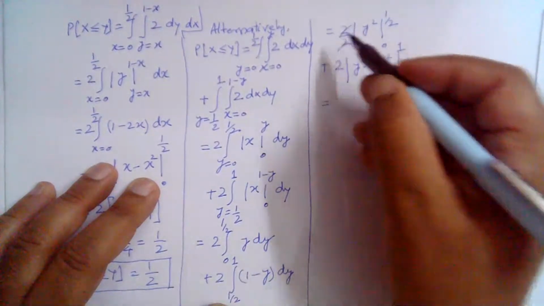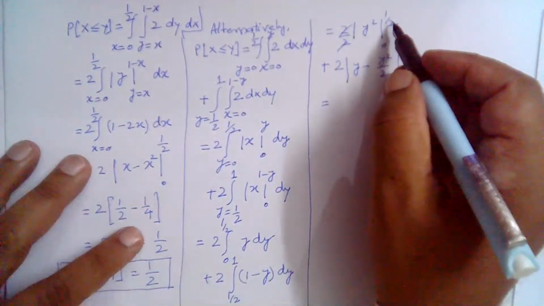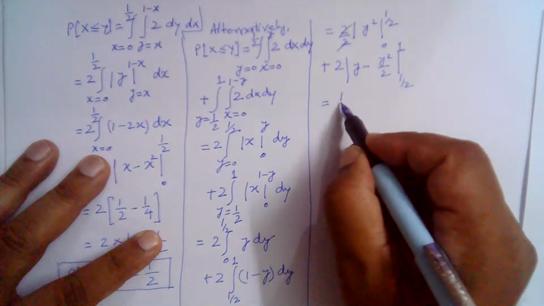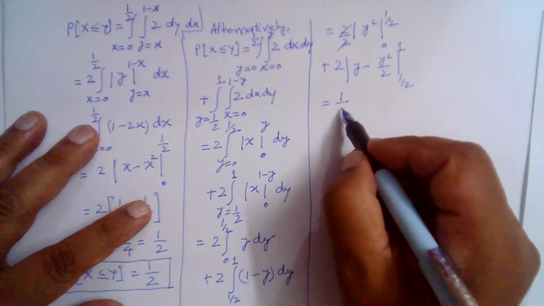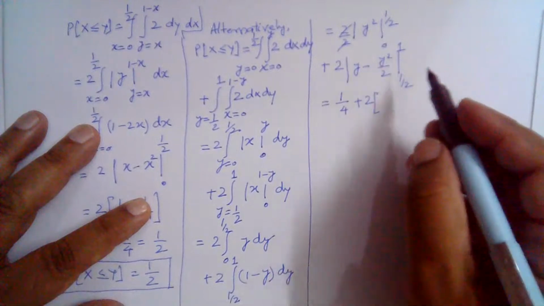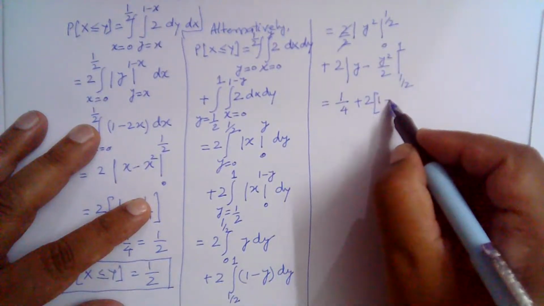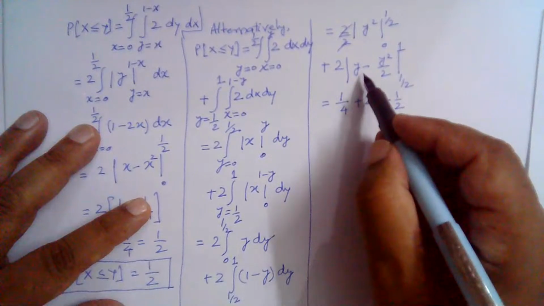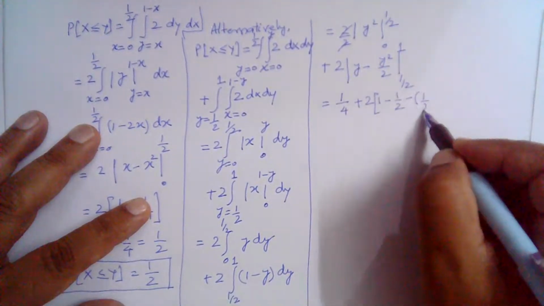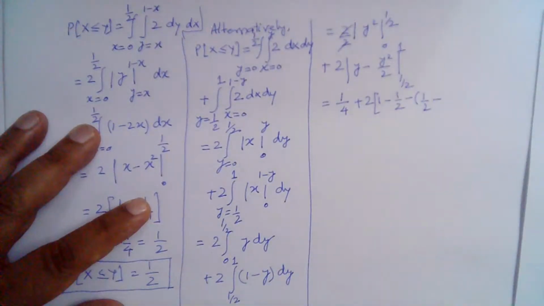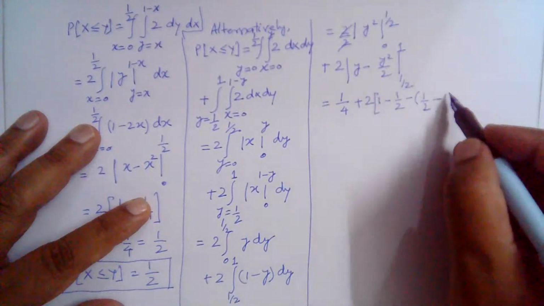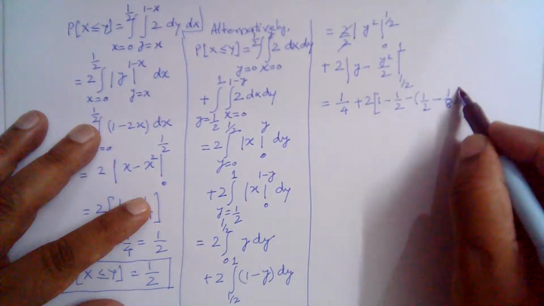So this cancels out, and we're left with substitution of 1 over 2 into y square. So this will be 1 over 4 plus 2, and let's substitute this value here now, 1 minus 1 over 2, and minus 1 over 2 squared will be 1 over 4, and divided by 2 it will be 1 over 8, right?